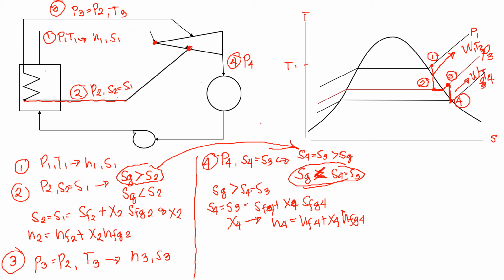Then we reject heat from the condenser, QR. So QR is just equal to H4 minus H5. So the H5 is here. This is the point 5, where H5 is just equal to HF at pressure 5, but pressure 5 is equal to pressure 4. Okay?